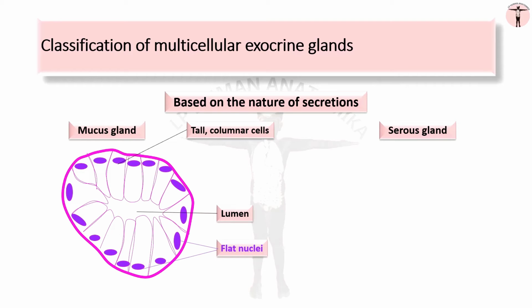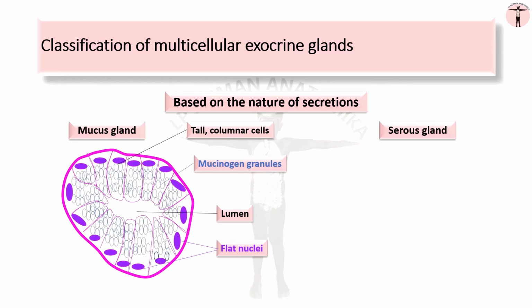In mucus glands, the secretion contains mucopolysaccharides in the form of mucinogen granules which collect in the apical parts of the cells. As a result, nuclei are pushed to the base of the cell and are compressed against the basement membrane, hence appear flattened.